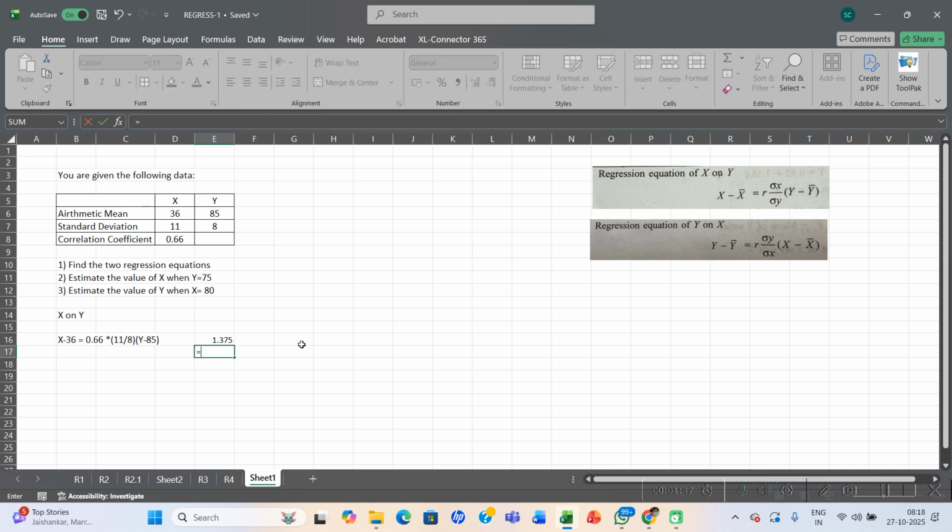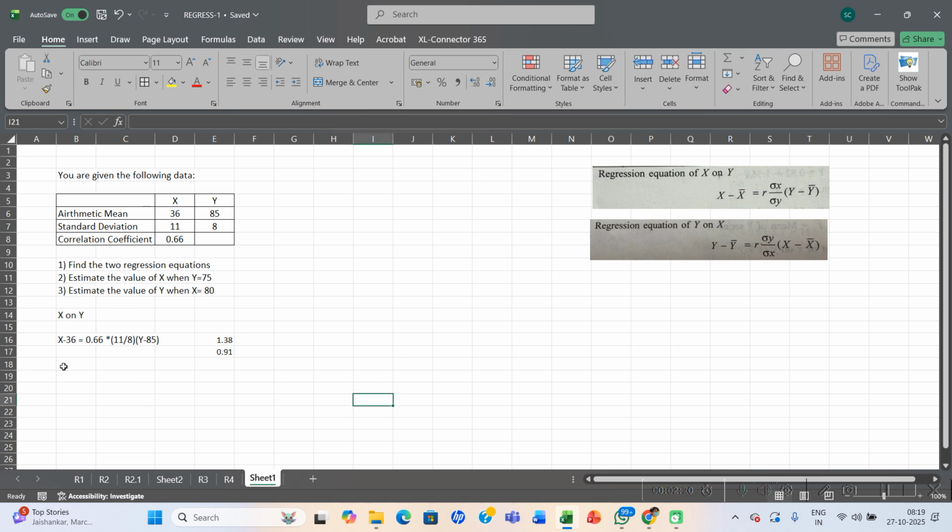Now 0.66 multiplied by this, let me make it two decimal points, it becomes 0.9075. Again, I'm converting it into two decimal points.